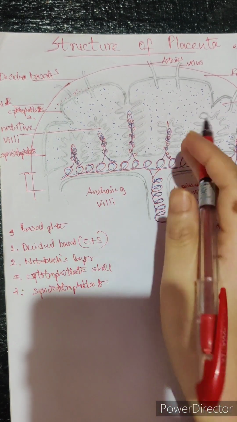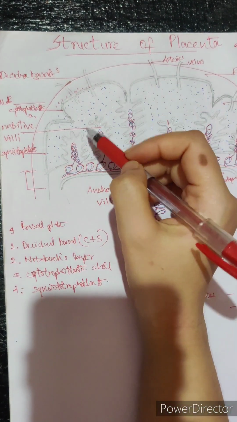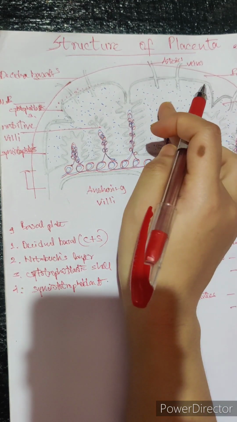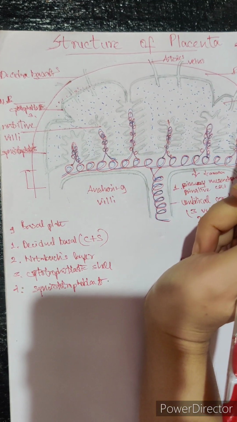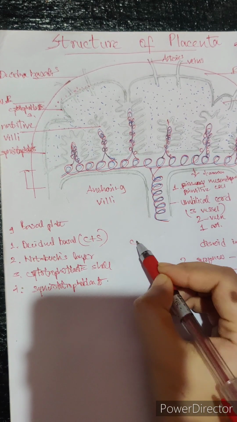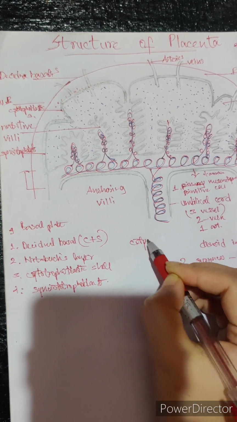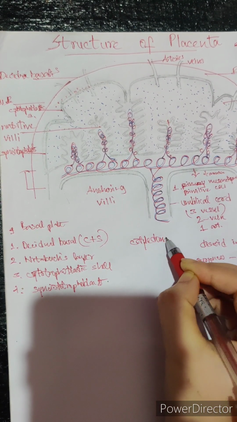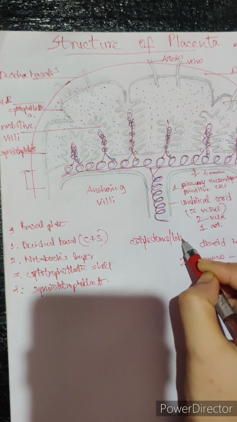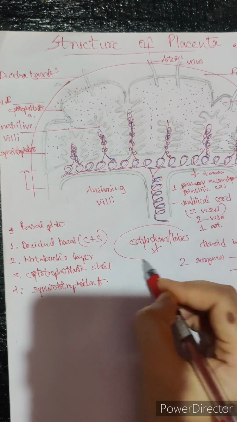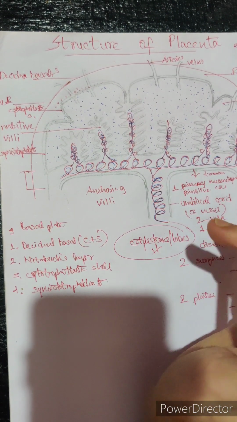Okay, and one more thing, a functional unit of your placenta is known as the cotyledons. What are cotyledons? Cotyledons or lobes are basically the functional unit of the placenta.